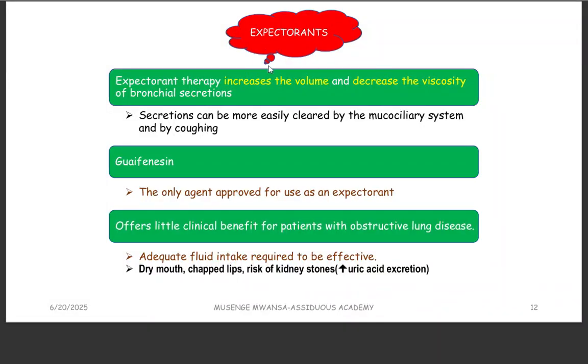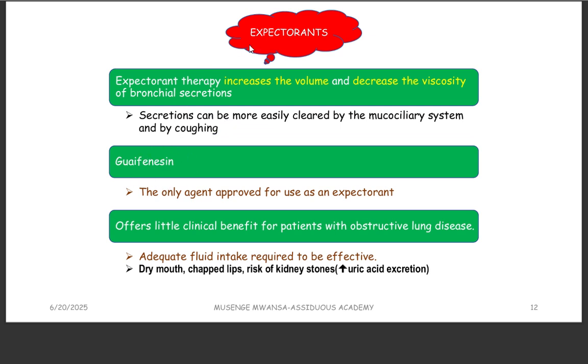And then for the expectorants, these ones will increase the volume and decrease the viscosity of bronchial secretions. Take note of that, increasing the volume and decreasing the viscosity. So secretions can be more easily cleared by the mucociliary system and by coughing.